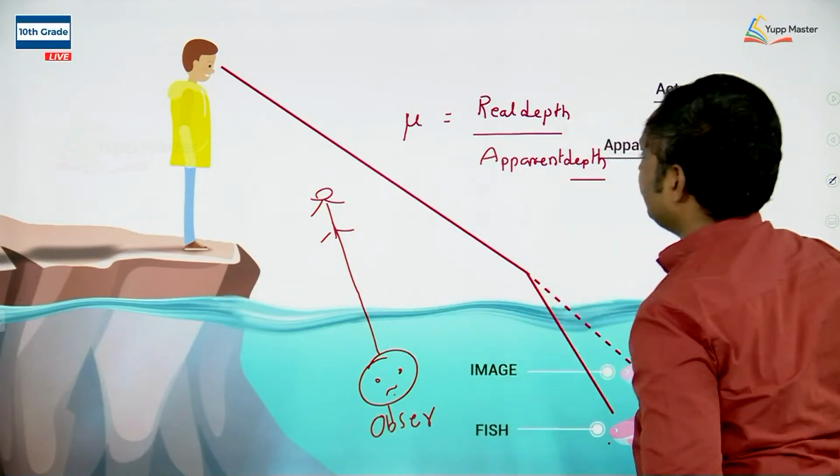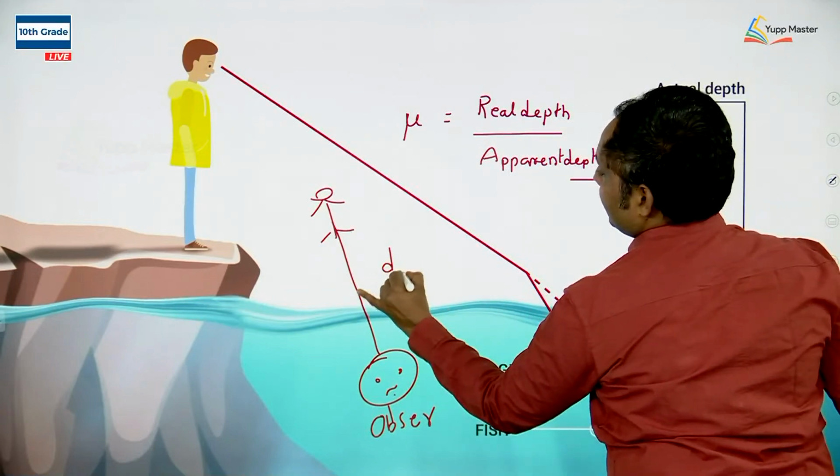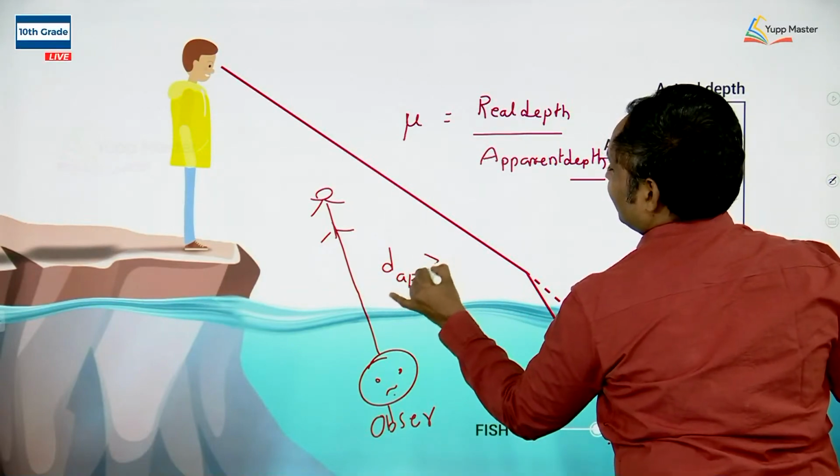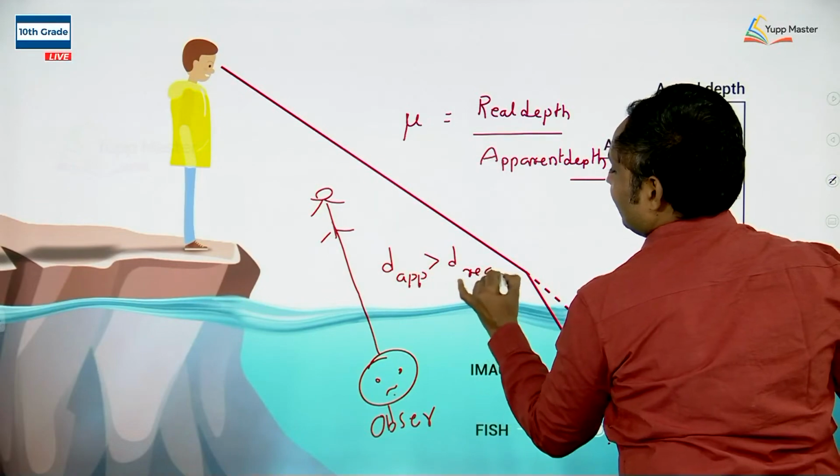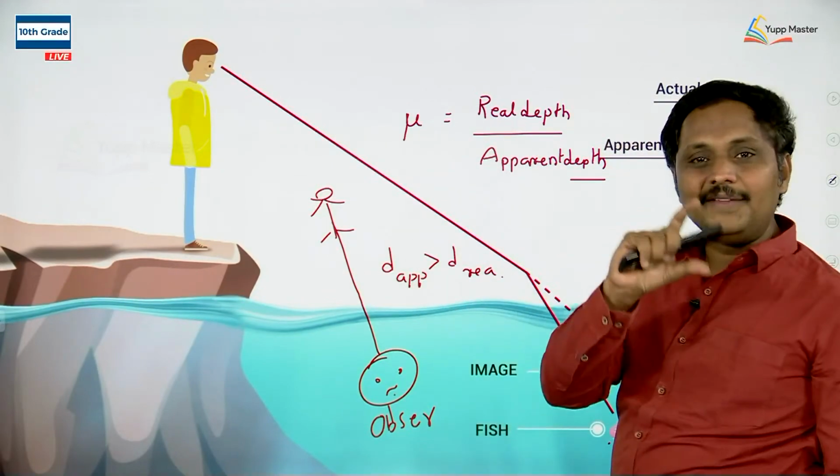So in that case, D apparent is greater than D real. That is the case we have to understand.